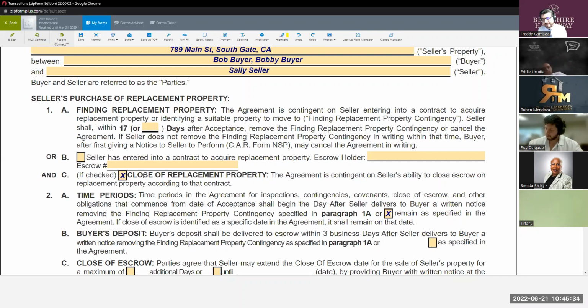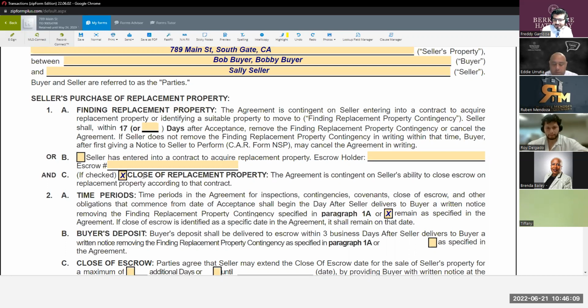Just like the seller gave a buyer time to perform, the buyer can also give the seller a time to perform to remove this contingency. But if you have 1C checked, you're saying: Mr. Buyer, my contingency is going to be in full force until I close my escrow on the replacement property that I'm buying. So my contingency is always intact and will never be removed.